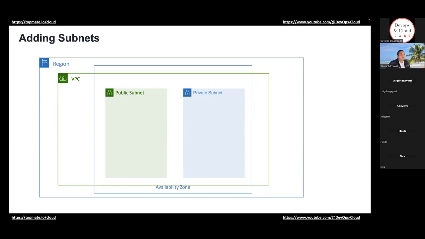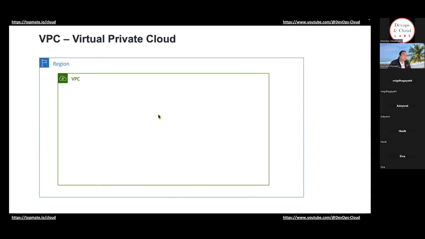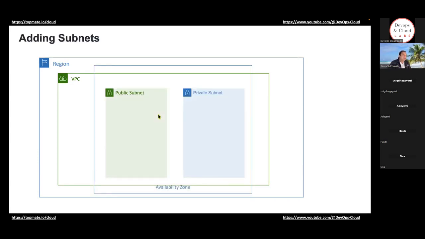So there are lots of different firewalls that can be provided using subnets. But this is how the hierarchy looks. You've got region, you've got VPC. Inside VPC, you will have availability zones, and then you will have subnets. This is the basic layout of all the cloud infrastructure.